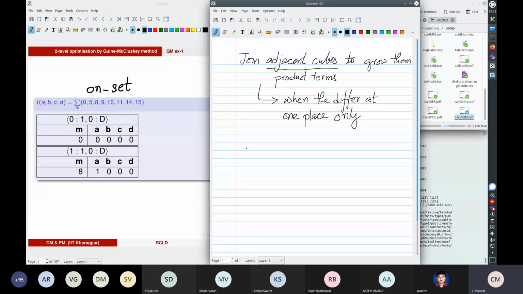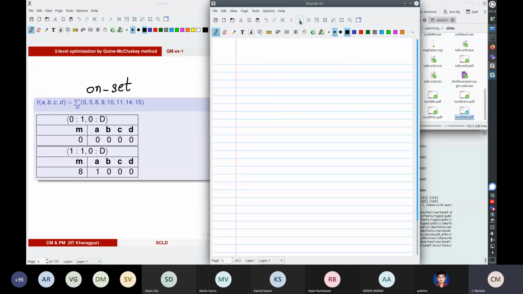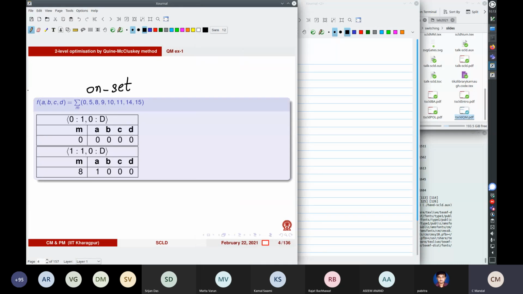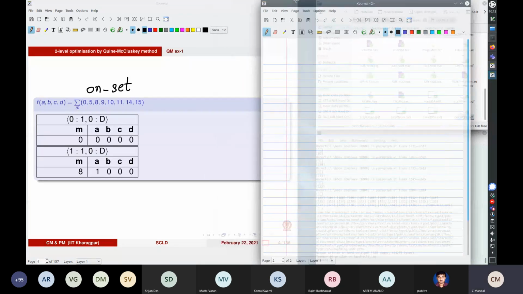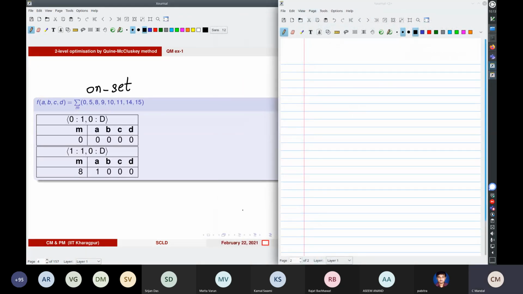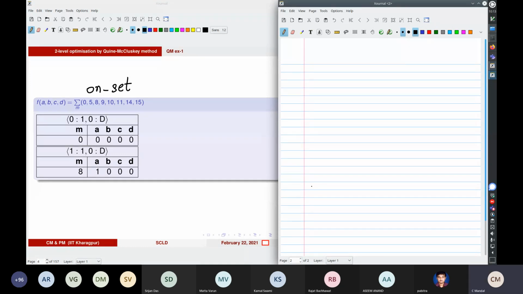So now let us do it. We are considering two cubes here. This cube is 0.